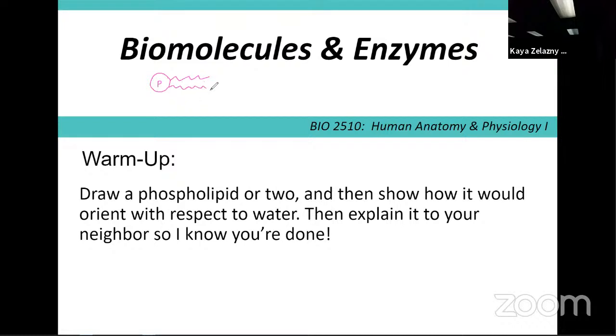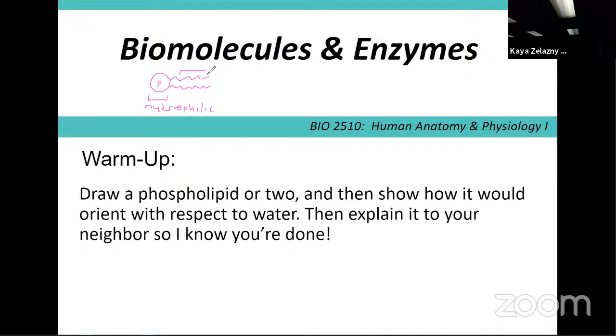Okay. Next, someone remind me, what kind of properties does this polar phosphate head have? Yeah. So hydrophilic. And what about the fatty acid tails? Yeah, exactly.